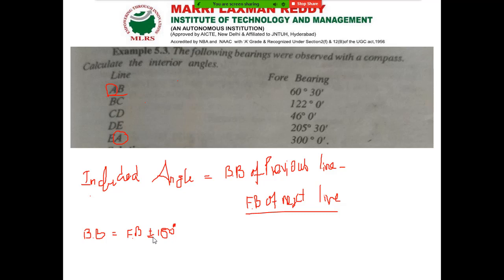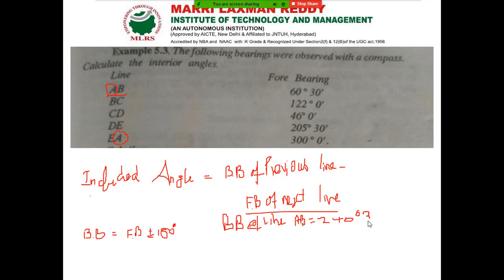For the line AB, the back bearing: this is less than 180 degree, so 60 degree 30 minutes plus 180 gives 240 degree 30 minutes.